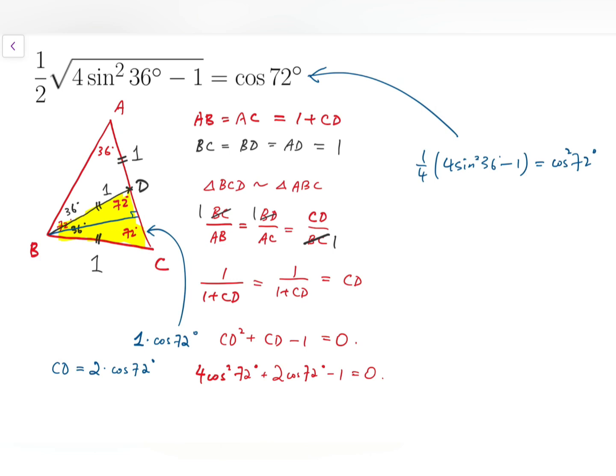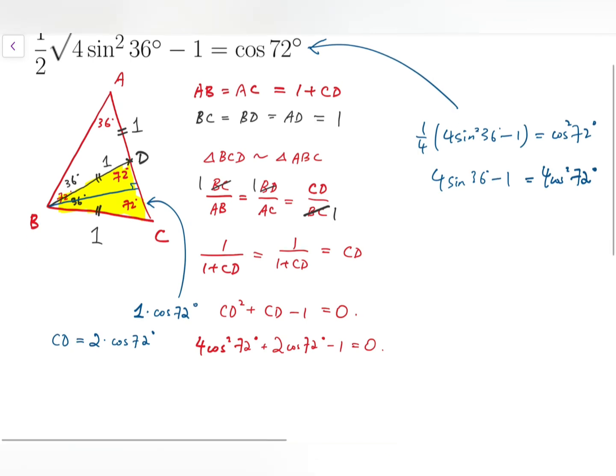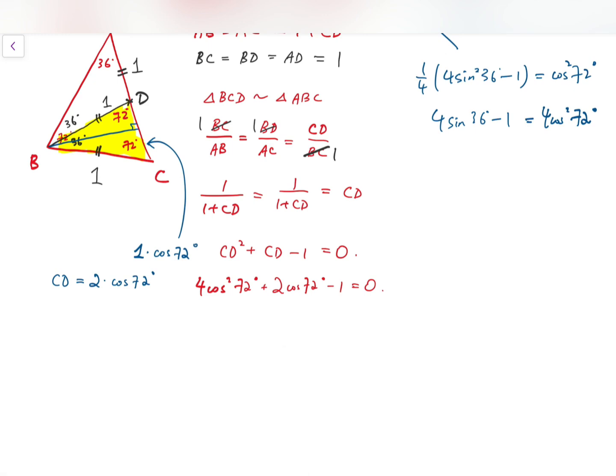So now, that means we want to show that 4 cosine squared of 72 degrees is equal to 4 sine squared 36 minus 1. And from what we have here, 4 cosine squared 72 is 1 minus 2 cos 72 degrees. And we have to show that these two expressions are equal.